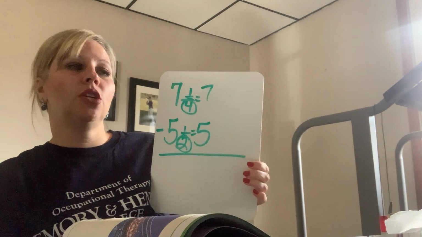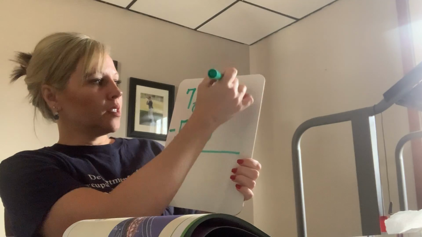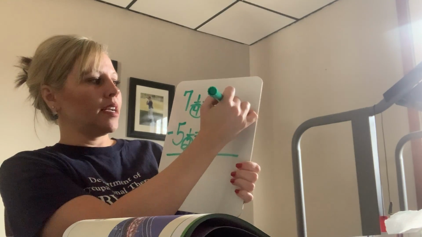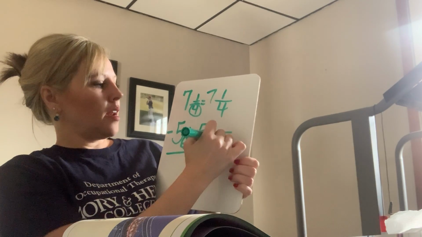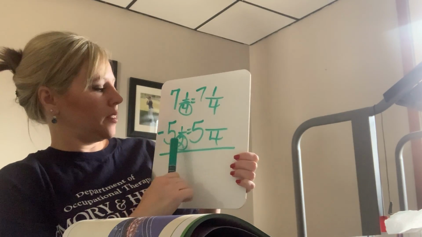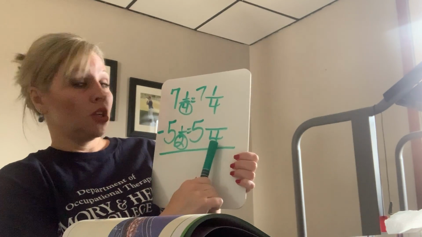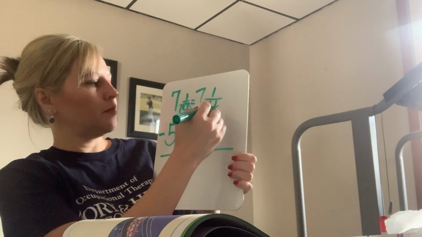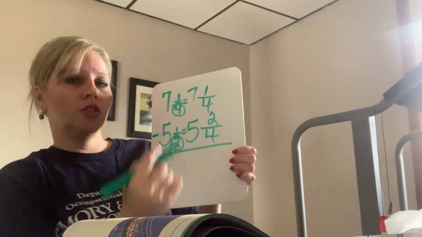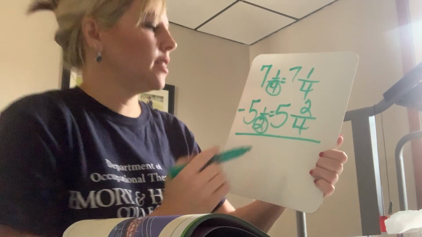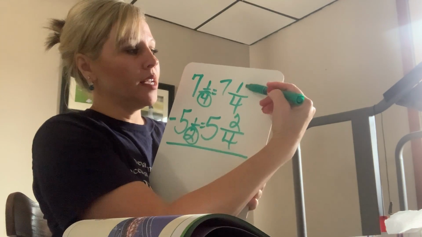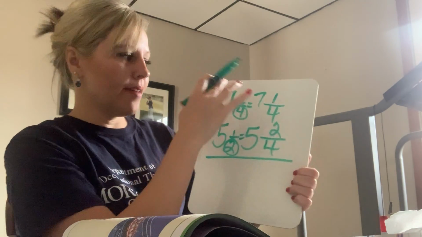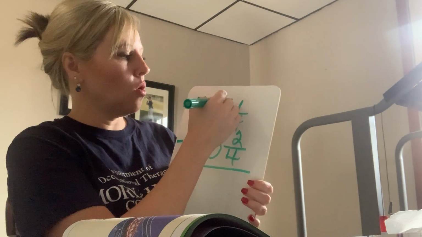What am I going to use? 4 is going to be your denominator. So this one stays the same because all you did was multiply by 1. And I'm going to change 1/2 to fourths. 2 times 2 gets me to 4. So 1 times 2 is 2. As you can see, you cannot subtract going upward. 2 is larger than 1, so I have to take away from the whole.